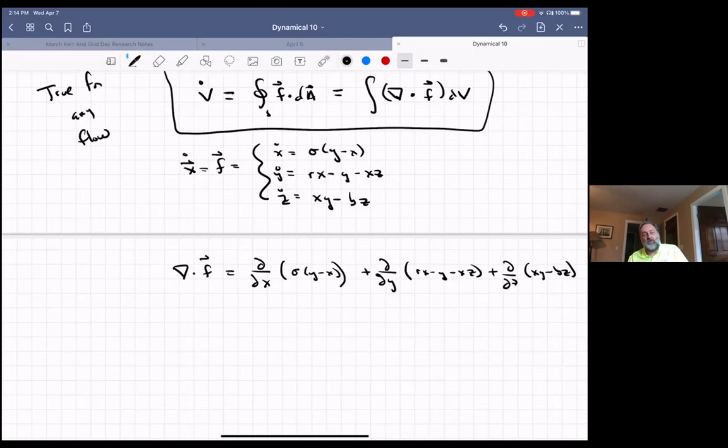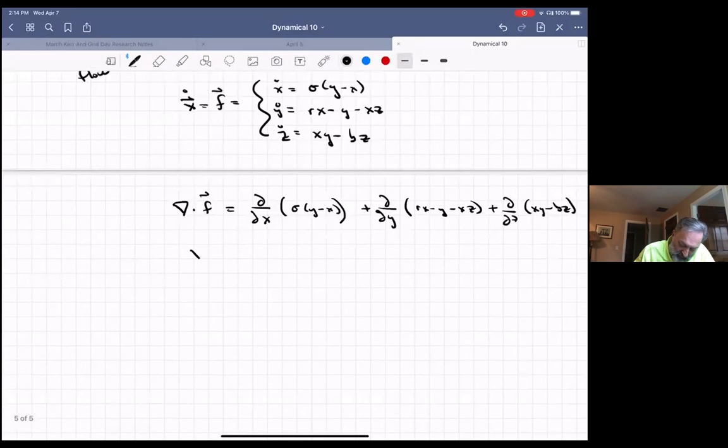Right, the divergence is the x derivative of the x component, the y derivative of the y component, the z derivative of the z component. And so the divergence of F is minus sigma for the x component derivative, minus 1 when I do the y derivative, minus b.